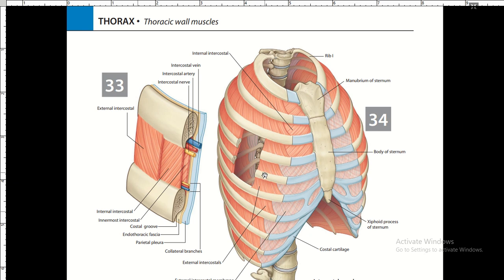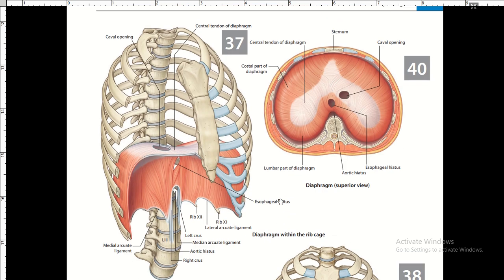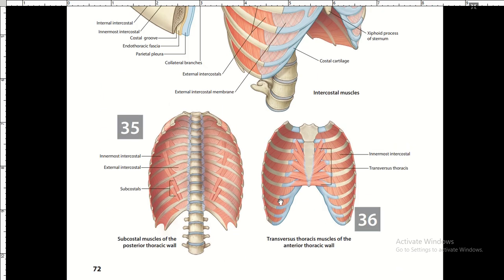But what is distinct about the innermost is that it is divided into three. We say it has three parts. So laterally, you're going to have the innermost intercostal, anteriorly, you're going to have what is called the transversus thoracis, and then posteriorly, you're going to have the subcostalis.